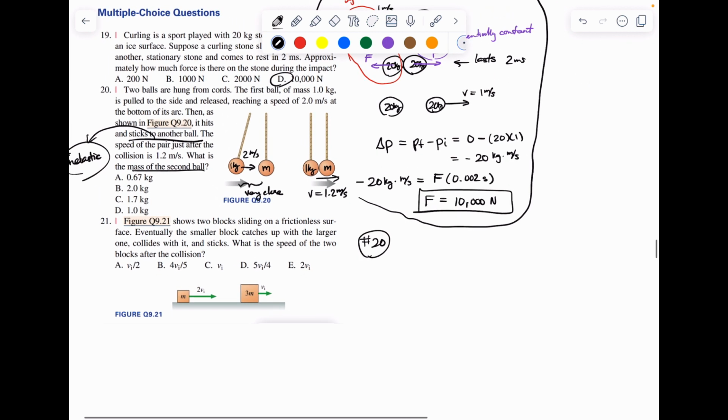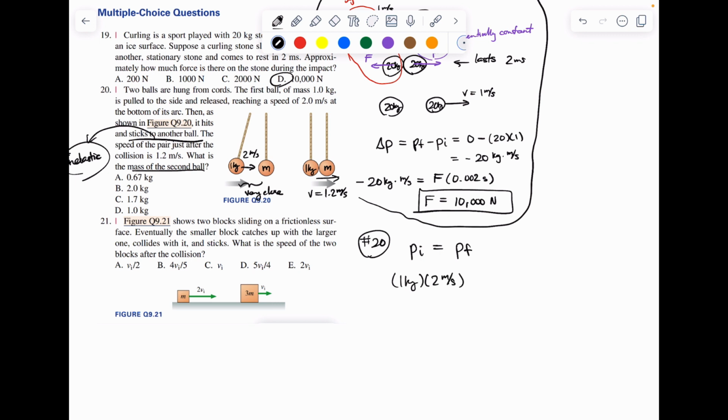All right, well, we know even in inelastic collisions that momentum is conserved. How about we just look at initial momentum equals final momentum. Let's just see what happens if we analyze this situation. Initial momentum, we get 1 kilogram times 2 meters per second for the first ball.